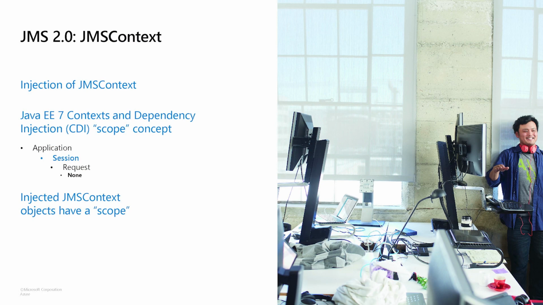Let's take a moment to talk about scopes. In programming languages, you have different scopes: static variables that are read throughout the entire program, local variables that are only valid inside the function or method, whatever thing you're executing.